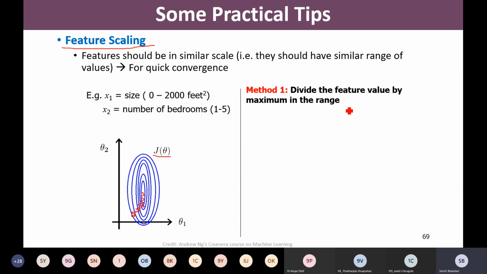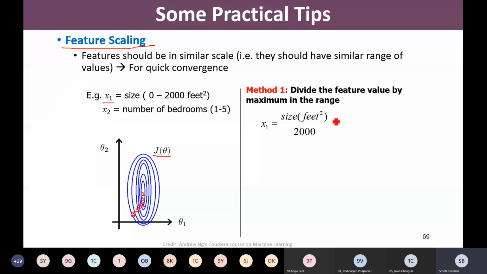Say, for example, if x1 is to be scaled, x1 is the size in square feet.